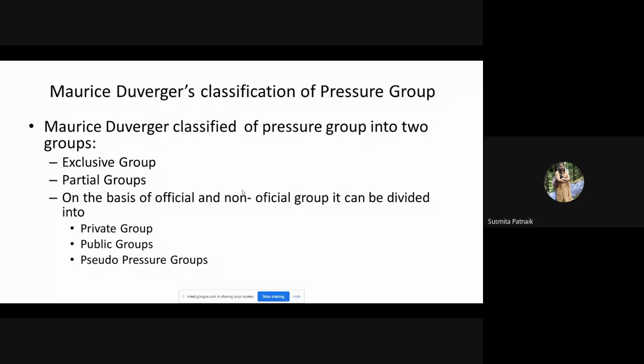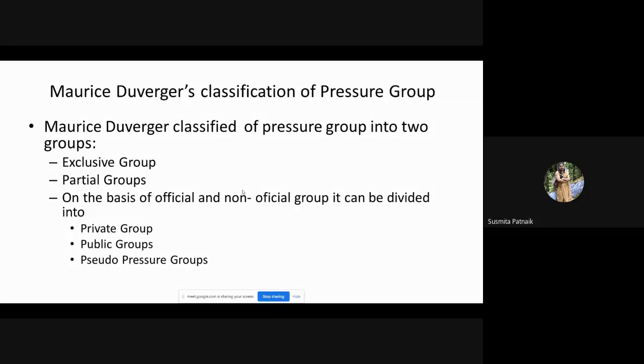His first question is whether the groups that are putting pressure upon the government can be called pressure groups. And the second question is whether all the pressure groups are official groups or non-official groups.